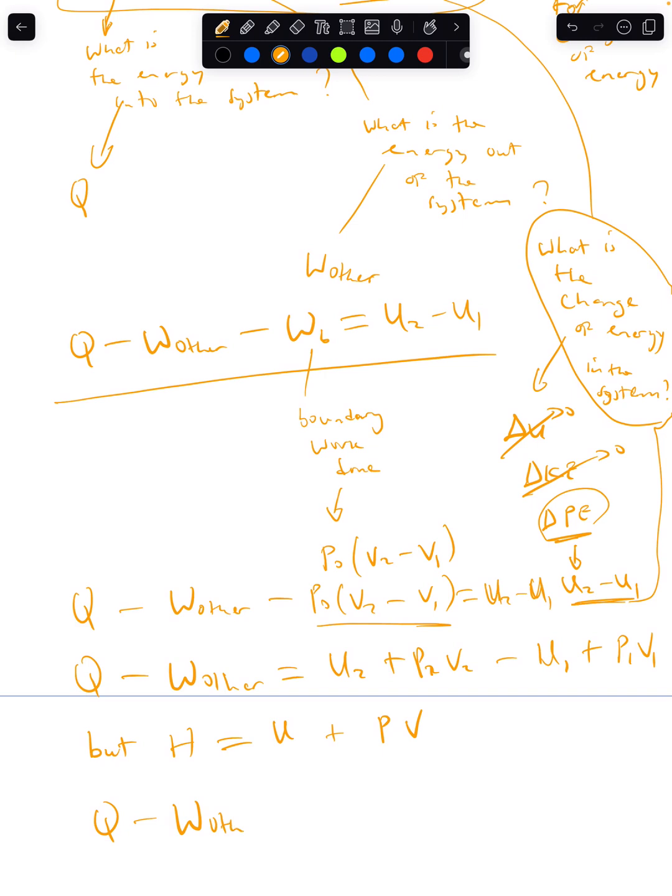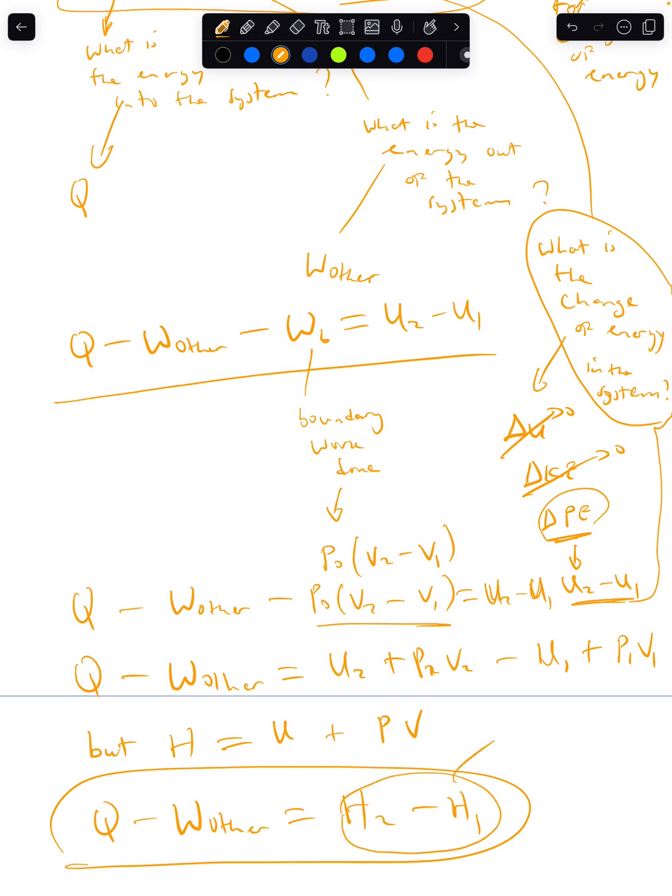And therefore, I may say Q minus other work done is equal to what? H2 minus H1. And that is the formula we are asked to prove.